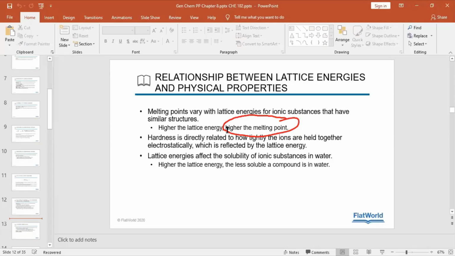Some inorganic substances will be quickly soluble in cold water. Again, it's a matter of lattice energy. The higher the lattice energy, the lower the solubility is going to be. So enthalpy and lattice energy are a reflection of solubility, hardness, the melting point, and the boiling point of substances.